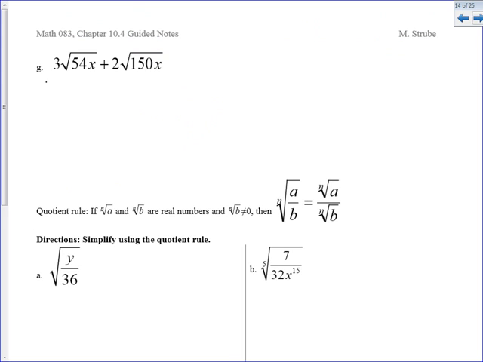So big 3 out front is just 3 times. Now we got to look at that square root of 54x. Looking for any of my perfect squares that might evenly divide into 54. 9. So we're going to do 9 times 6. What about the x?